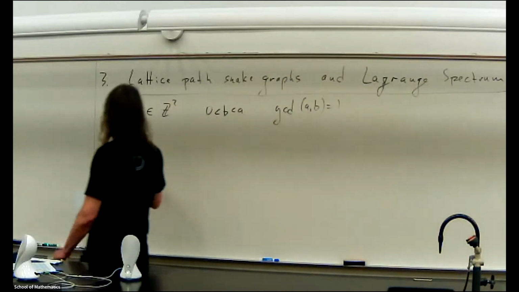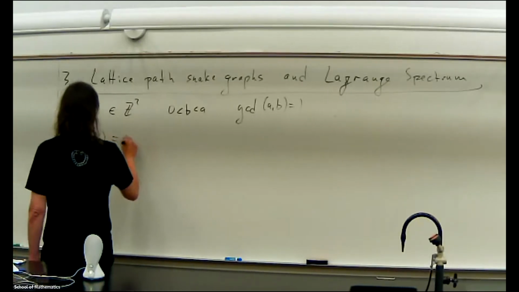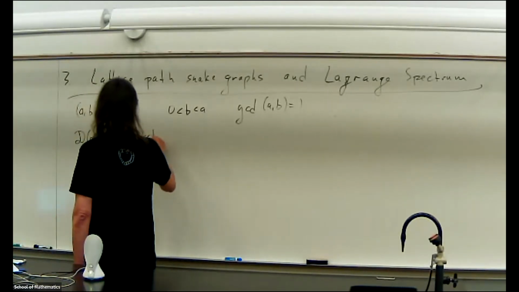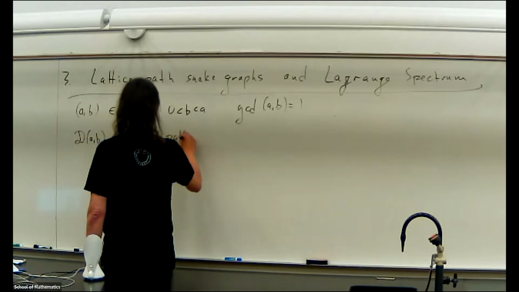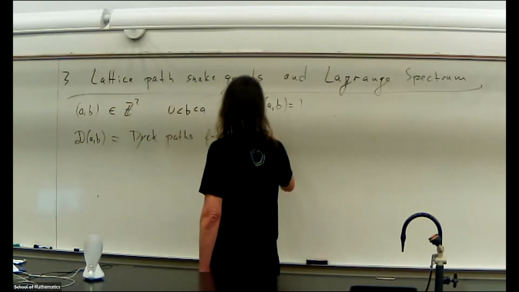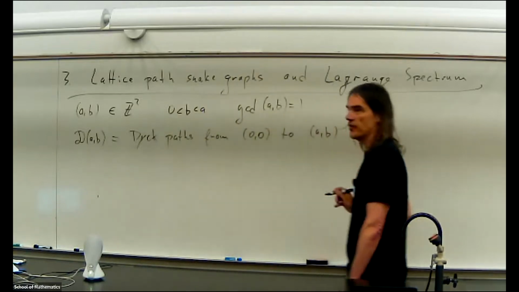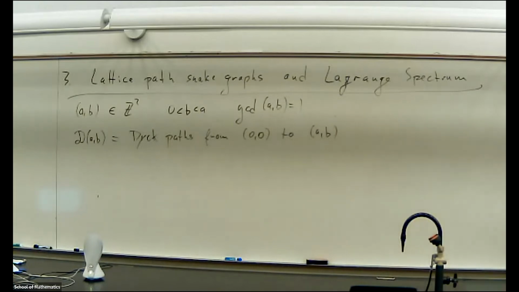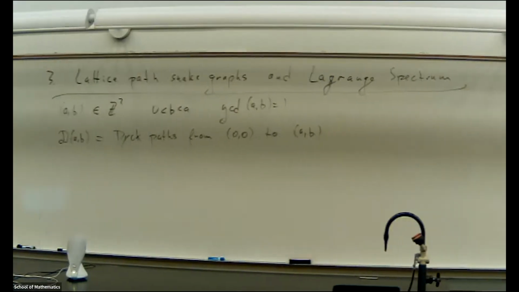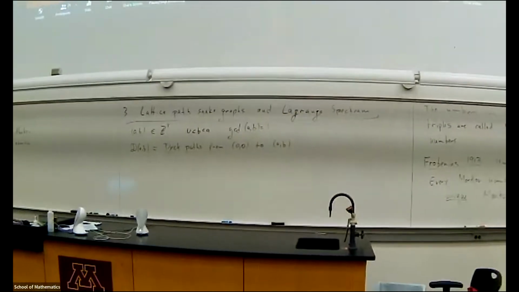And then I take D(a,b), the set of all Dyck paths from the origin to (a,b). So these have come up in several talks already. So you start at (0,0), and it's a lattice path, and you're only allowed to go right or up.